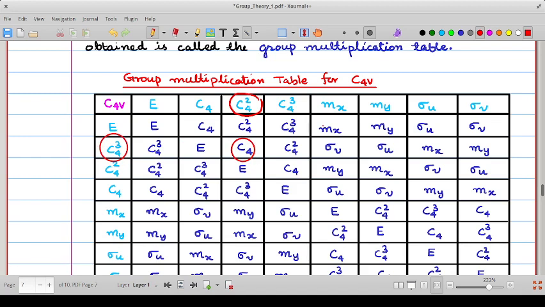So here this element C4 is equal to C4 square, that is the column header, composition with C4 cube.